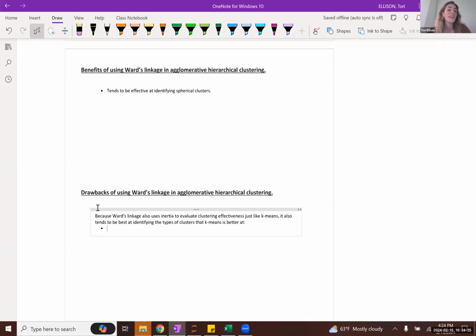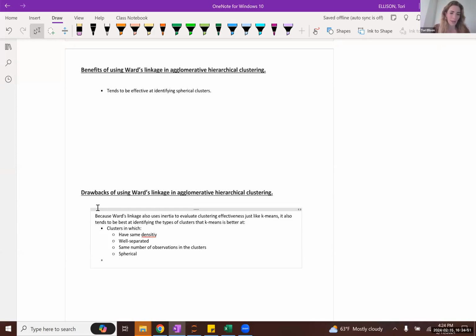So what is one ideal property of k-means? Okay. So the clusters have the same density, they're well separated, the same number of observations in the clusters, and they're all spherical.